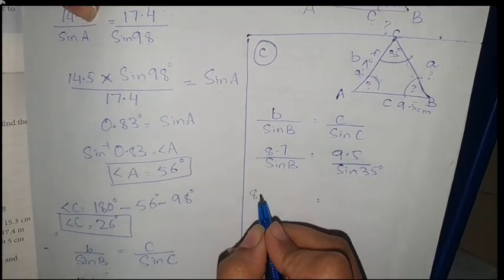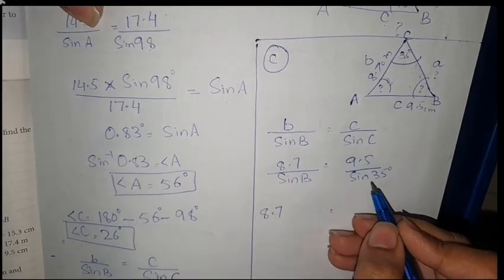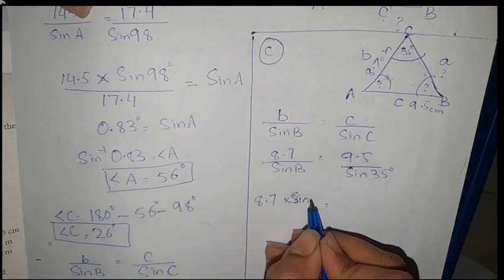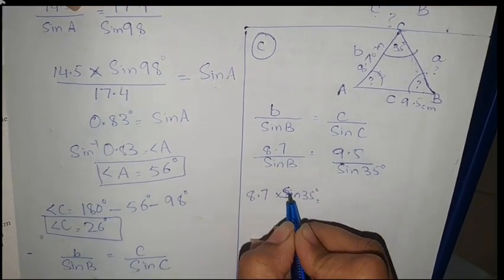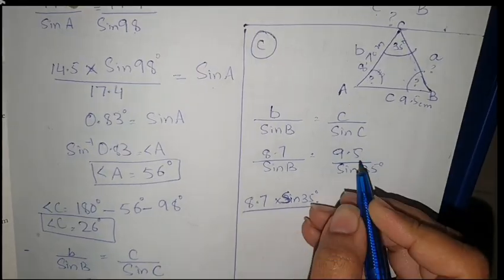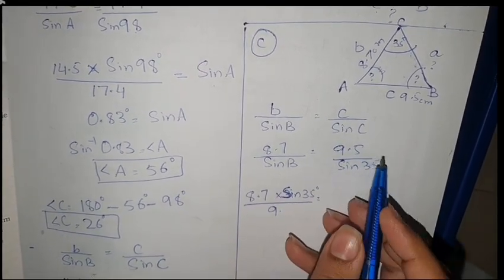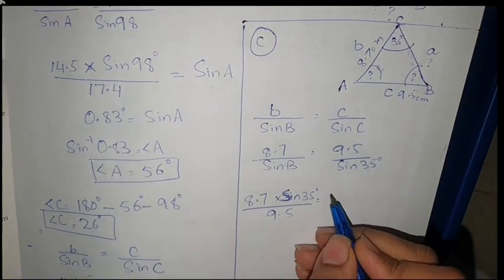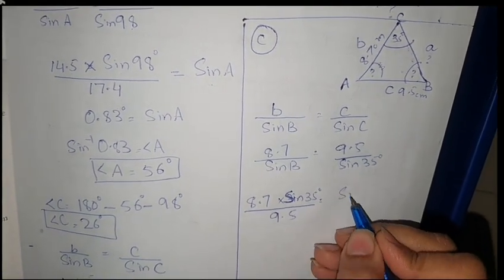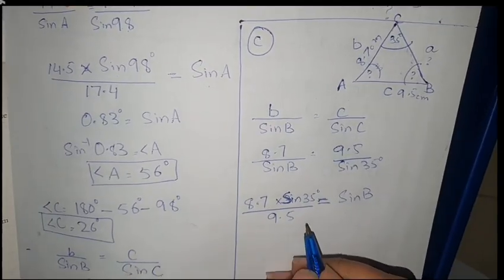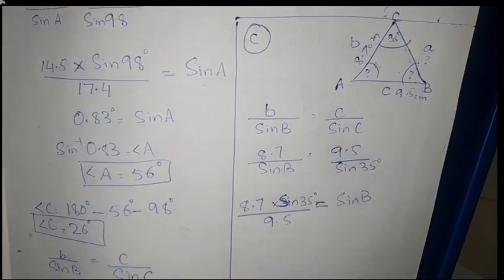So 8.7 I am writing as it is. Sine 35 is dividing. If we shift on this side, it is now multiplying. Okay, and 9.5 centimeters, if this is in the numerator, on this side, if we shift on this side, it will be in the denominator. Sine B is in the numerator now, and I have made sine B the subject. Now just use your calculator and solve.